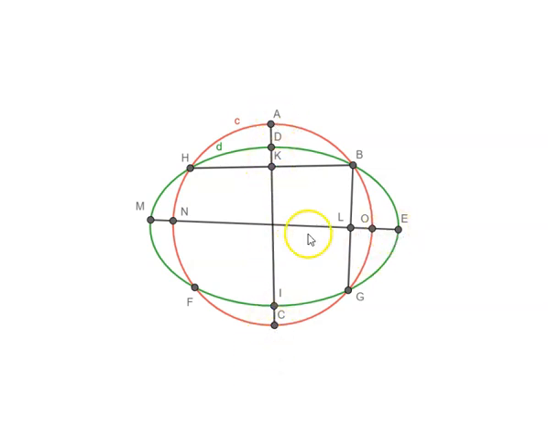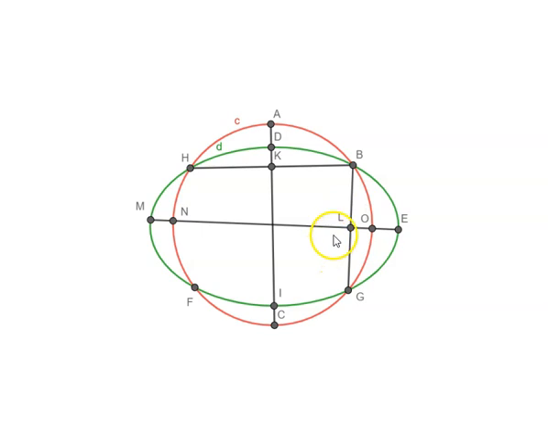Now, let's look at this BG. Again, continuing with the red circle, circle C. We have NO bisecting this BG by making adjacent angles equal. And we know that if they are equal, then they are 90 degree or right angles.